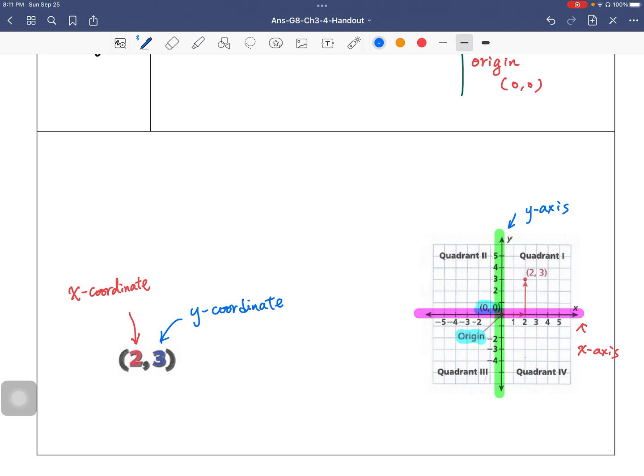The 2 of the x-coordinate means move horizontally 2 units from the origin.